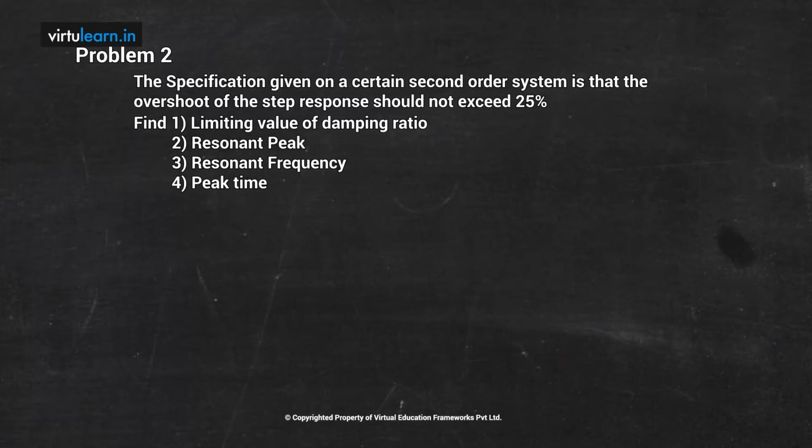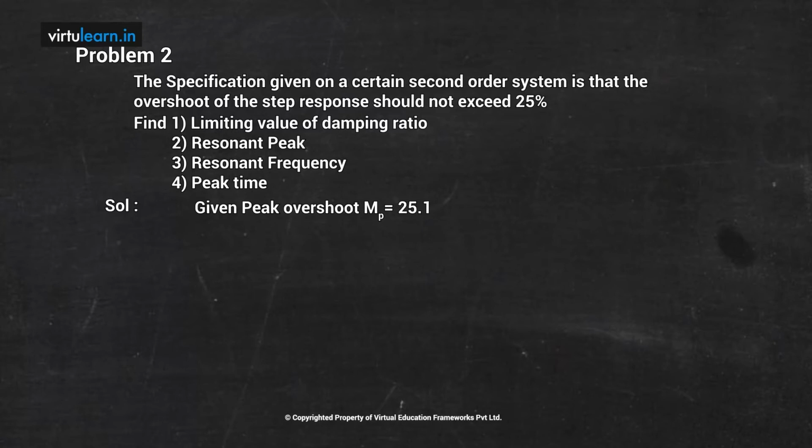So in this problem we have a design specification in terms of time domain, that is peak overshoot. The peak overshoot should be within the limit of 25%. So for that 25% we need to find out the damping ratio, and using the damping ratio we can find out the other things which are asked here.